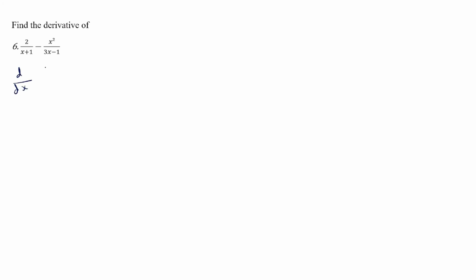So the derivative of 2 by x plus 1 minus x square upon 3x minus 1. This is equal to, now we have seen one rule, derivative of 1 by f is equal to minus f dash upon f square.